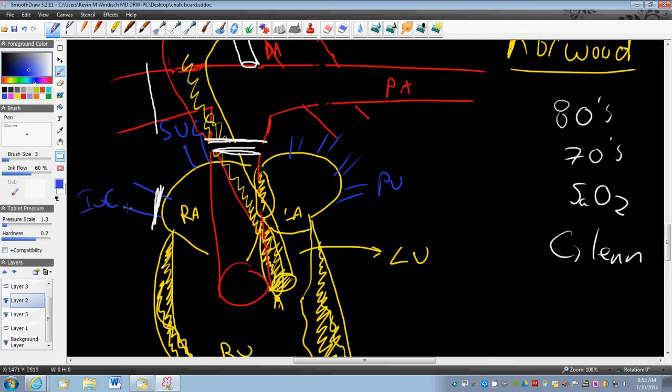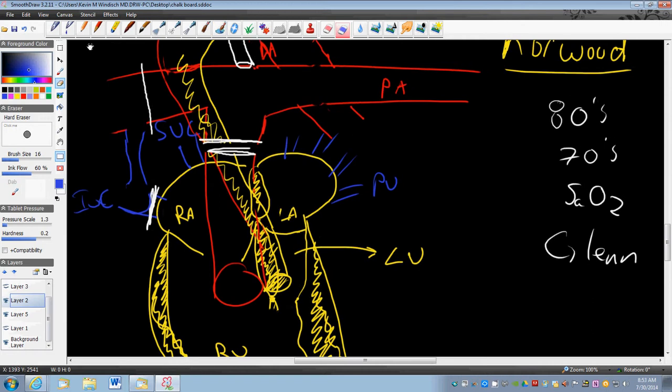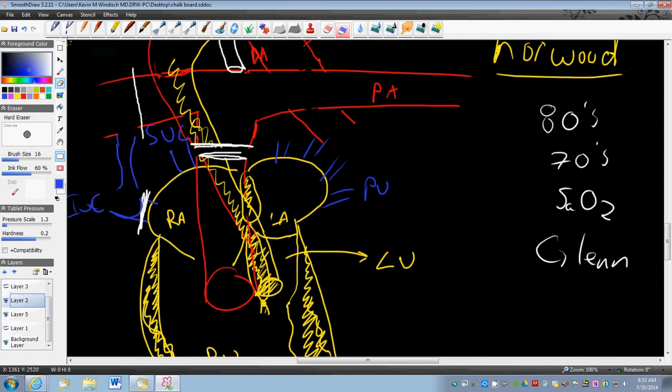So instead of going into the atrium, it's going to come up here. So now, blood from the lower part of the body goes straight into the pulmonary artery and to the lungs.